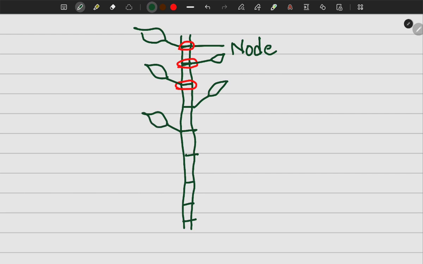And the portion between two nodes is called an internode. So, node and internode is an important characteristic of the stem. Node is that portion from which the leaves arise or leaves develop on the stem. And internode is the portion between two nodes. Alright?